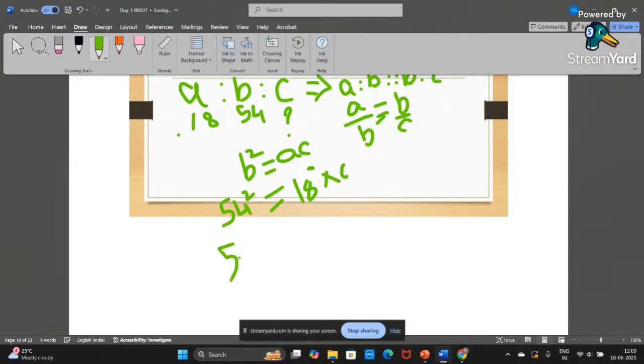So write this separately. 54 into 54, divide this by 18.